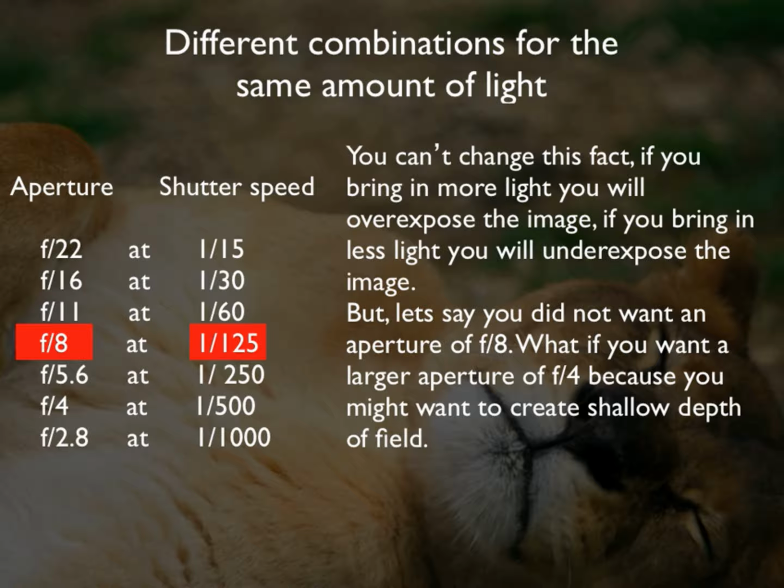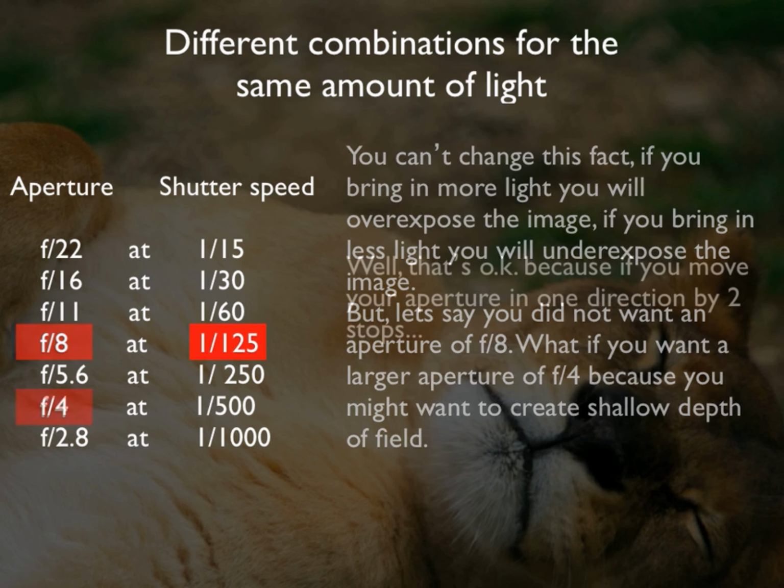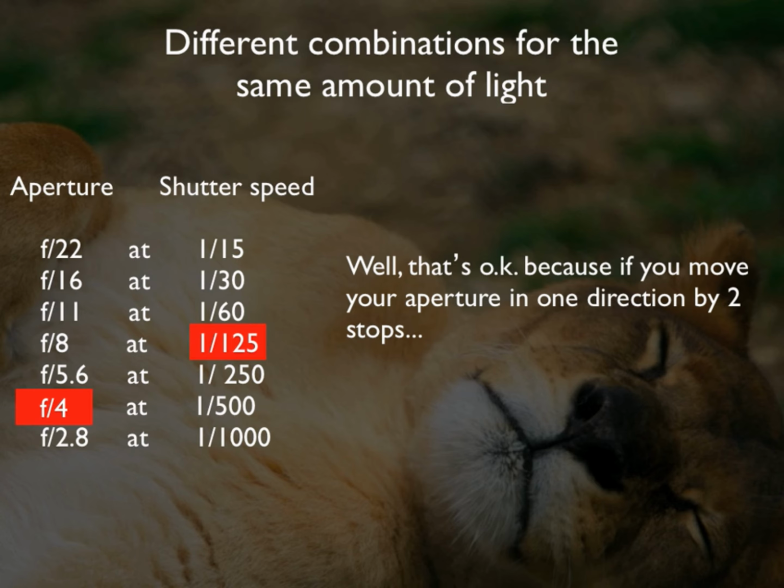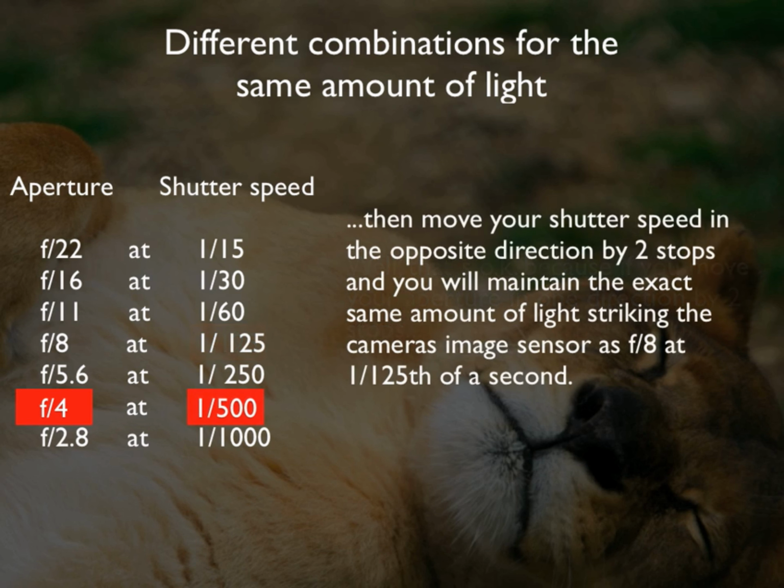But let's say you did not want an aperture of f8. What if you want a larger aperture of f4 because you might want to create shallow depth of field? Well, that's okay, because if you move your aperture in one direction by 2 stops, then move your shutter speed in the opposite direction by 2 stops, and you will maintain the exact same amount of light striking the camera's image sensor as f8 at 1/125th of a second.